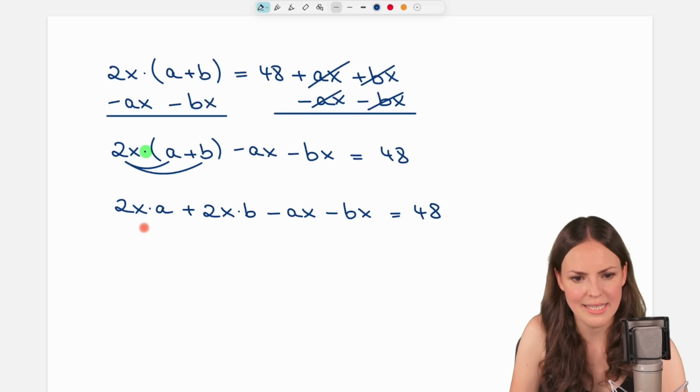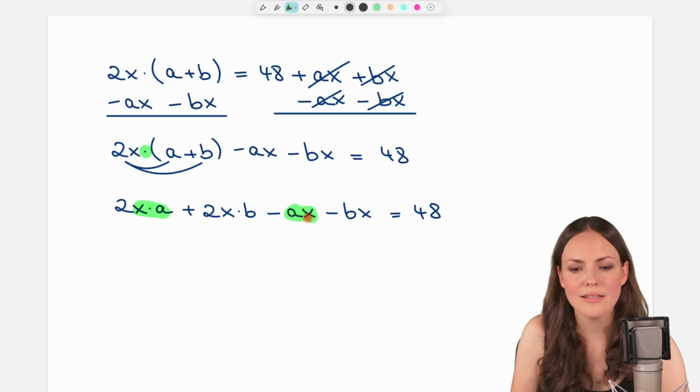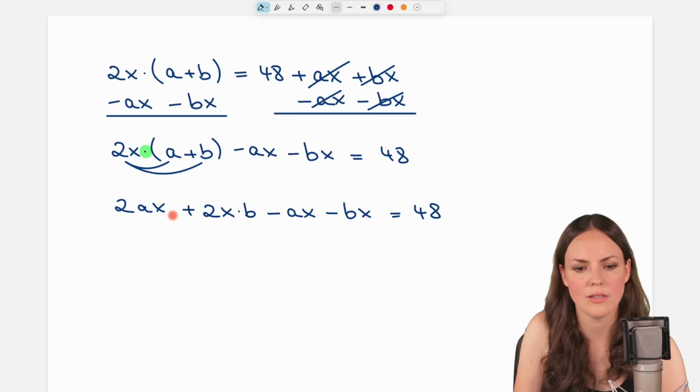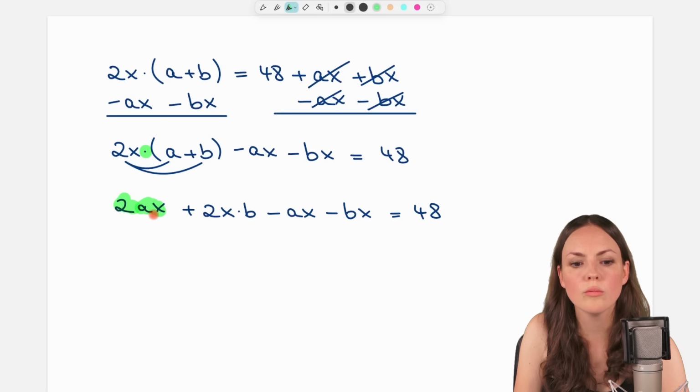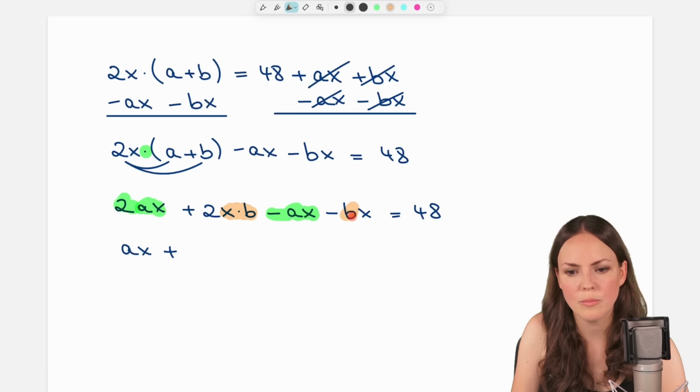Let's simplify this. We have a part with xa here and a part with ax here. This is actually the same thing, so I prefer to have it in alphabetical order, so I would like to switch these two letters, so that we have a first and then the x, because then you can see it. Okay, here we have 2 of ax and we subtract 1 ax, so in total I get 1 ax as a result, plus, and we have the same thing with the xb and bx.